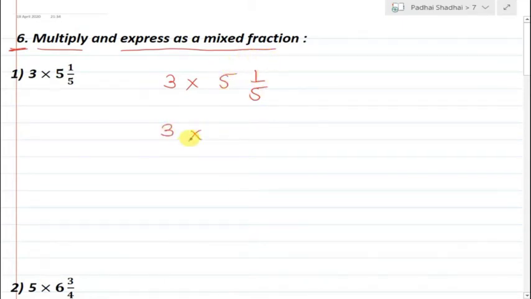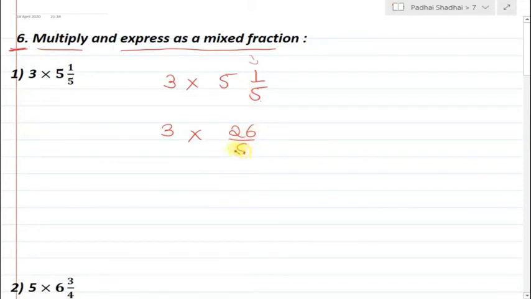So here 3 into 5, 5 fives are 25 plus 1. Remember it: multiply denominator into whole number and then add to the numerator. 5 fives are 25 plus 1, so we will get 26 by 5.